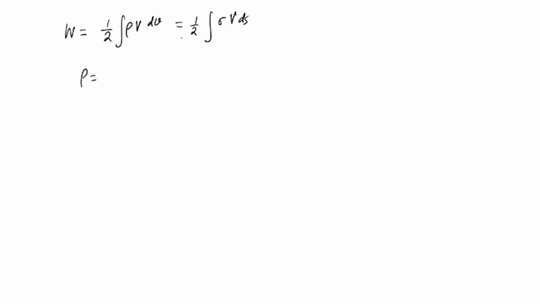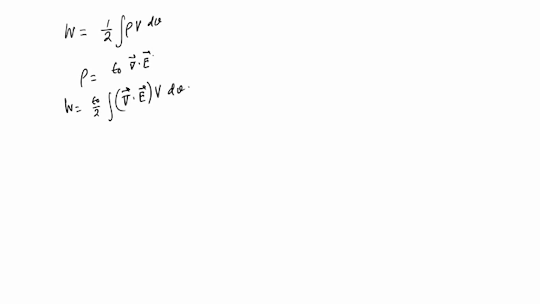What you can do is use this rho, I mean, this is not required, we are just talking about the volume charge. So, rho is equal to epsilon 0 divergence of E, and if you put this in W, which is the potential energy or the work done, there will be an epsilon 0 here, and a divergence of E times V dv.